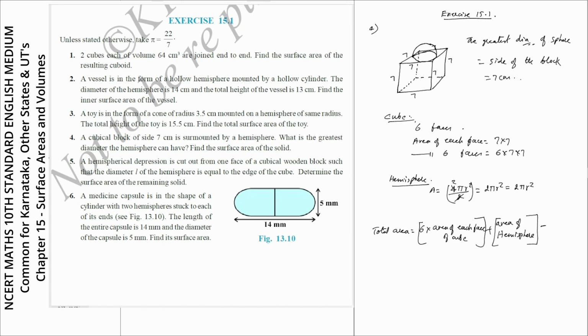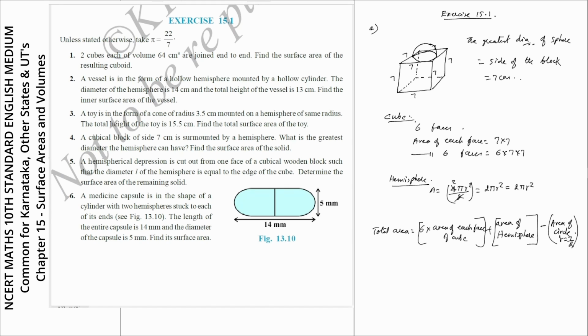Okay, the base of the hemisphere is a circle. Okay, that area should be subtracted. That area is given by pi r square. Okay, area of circle whose radius is equal to 7 by 2. Okay, diameter of a sphere is 7, so radius will be 7 by 2.